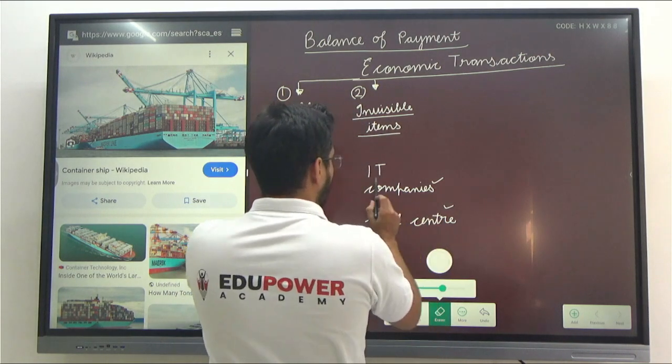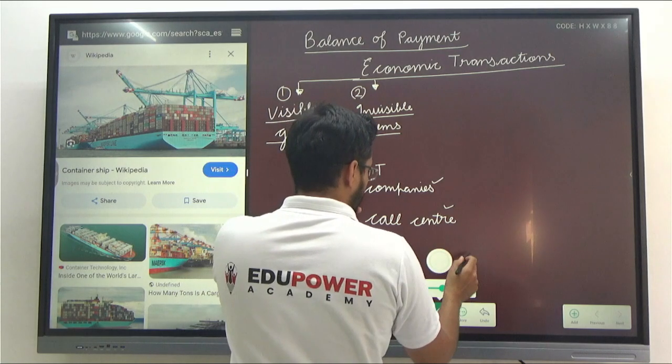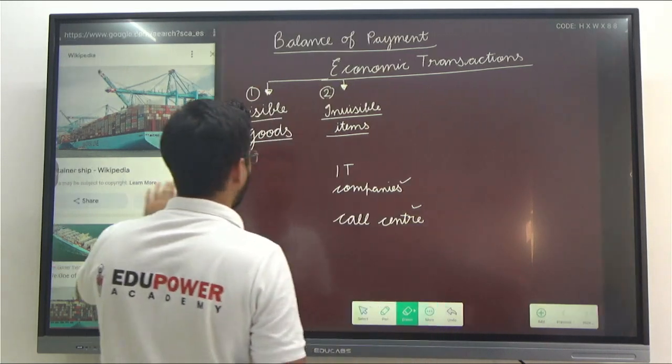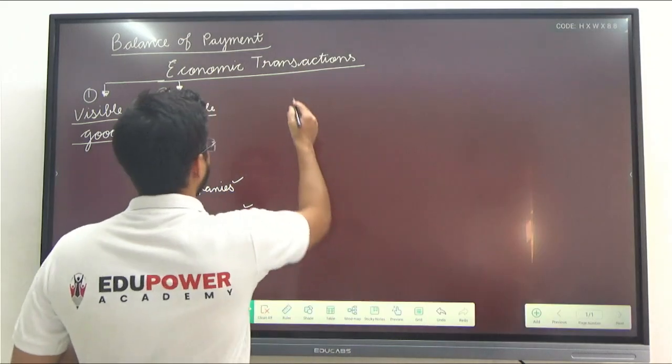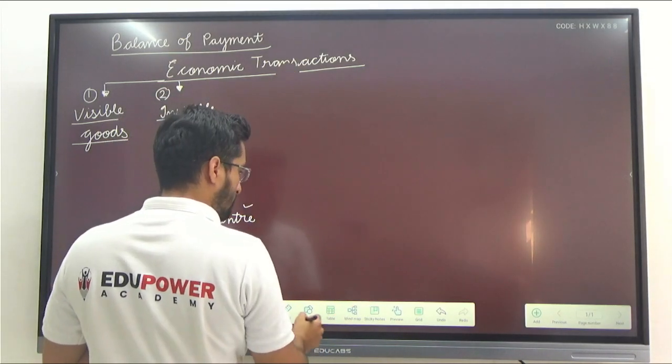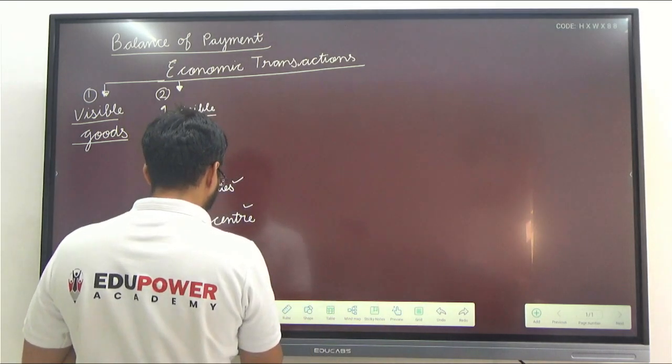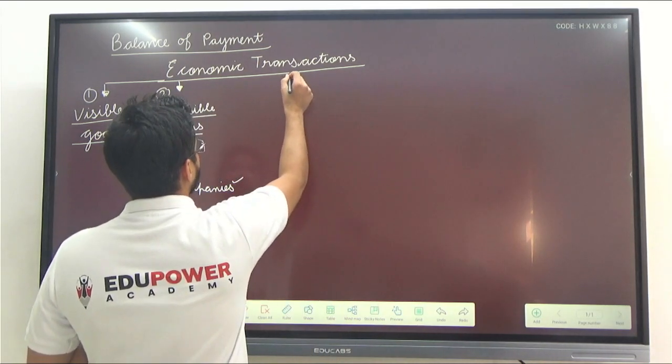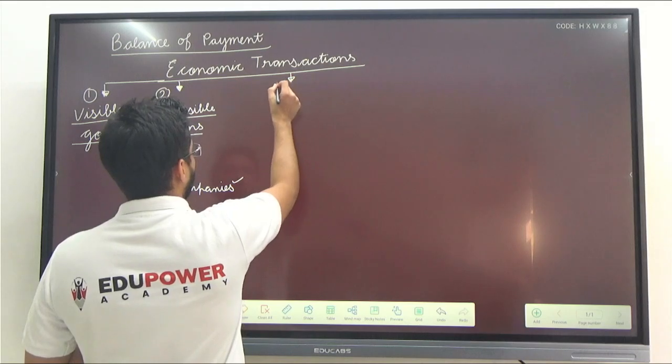The third variety is unilateral transfers.